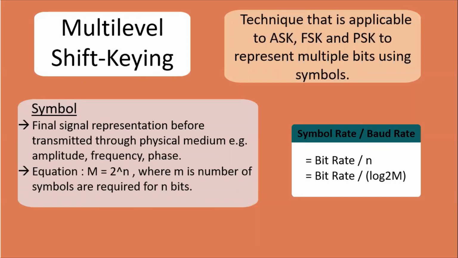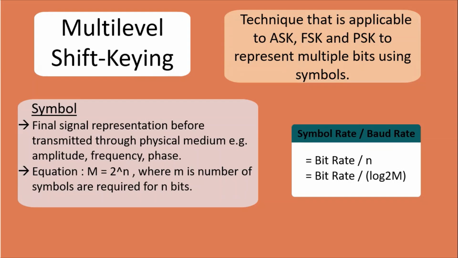The equation given for the symbol is M equals 2 to the power of n, where M is the number of symbols required for n number of bits.